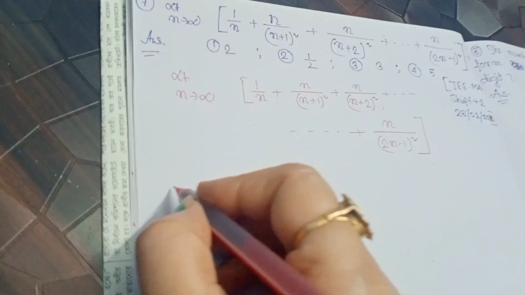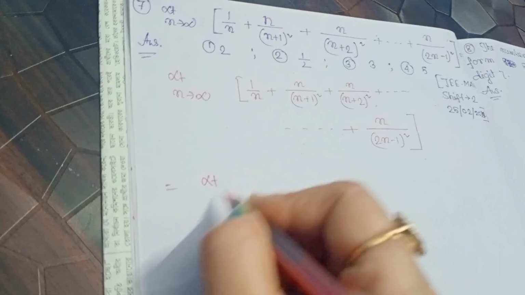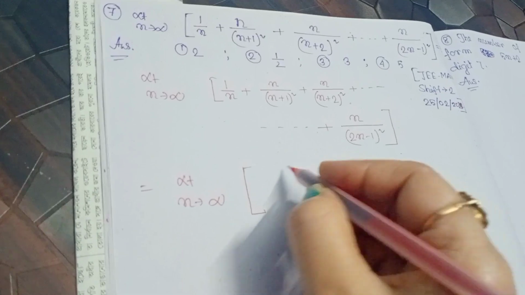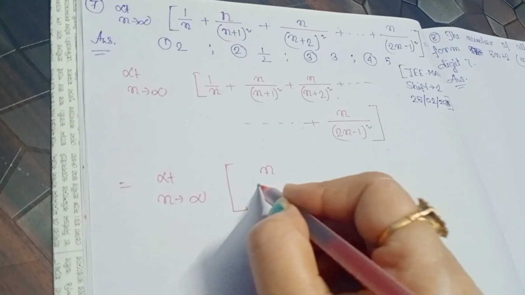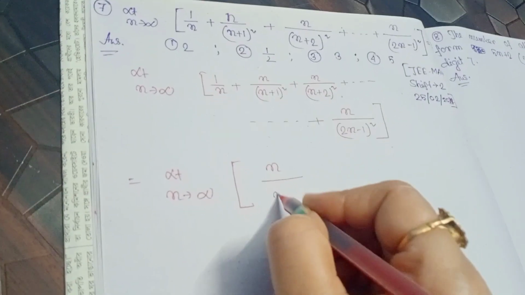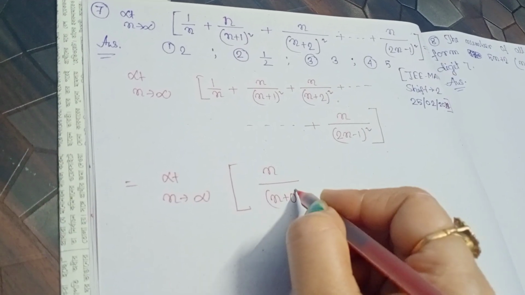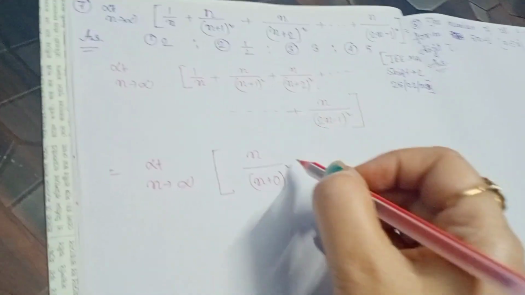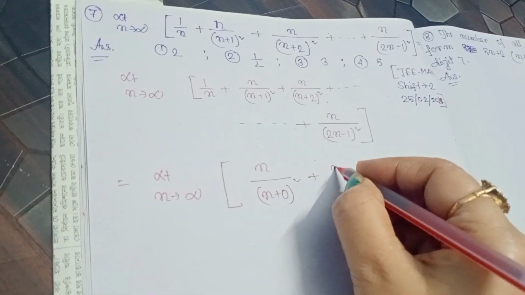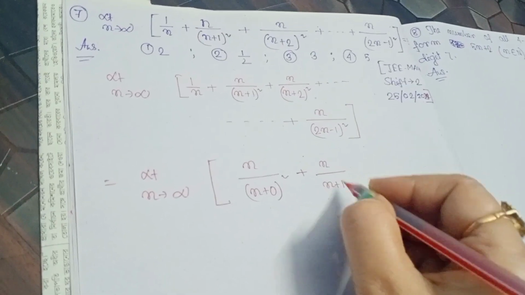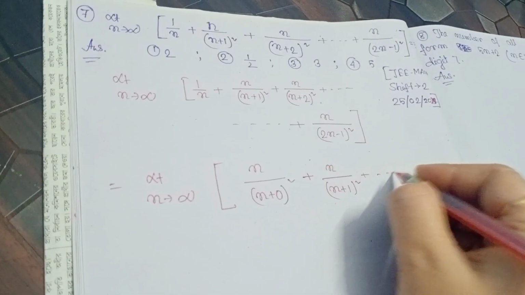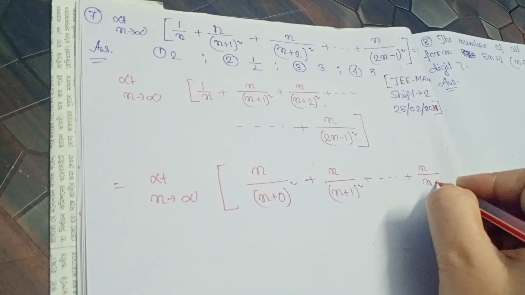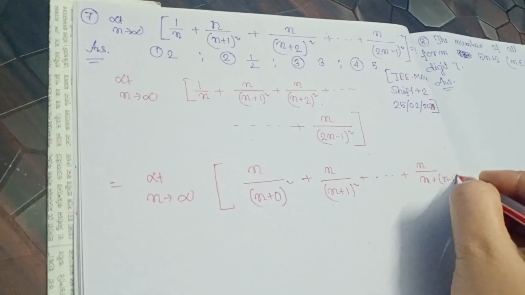Now the limit is equal to limit n tends to infinity. With some modification, we write n divided by (n plus 0) whole square, that is 1 by n, plus n by (n plus 1) whole square plus dot dot dot n by (n plus n minus 1) whole square.